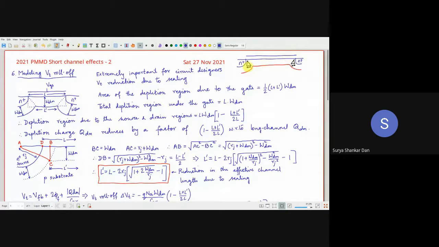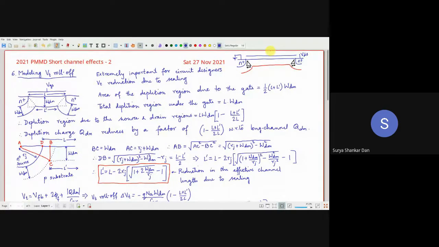However, the depletion region within these black triangles is due to the source-channel and drain-channel junctions. So this has to do with the voltage applied over here rather than the voltage applied on the gate terminal.